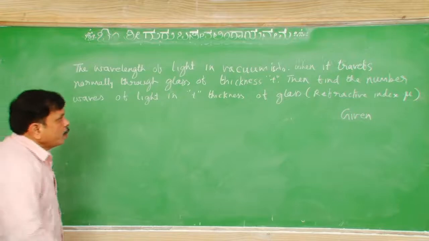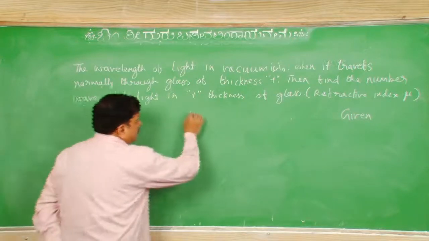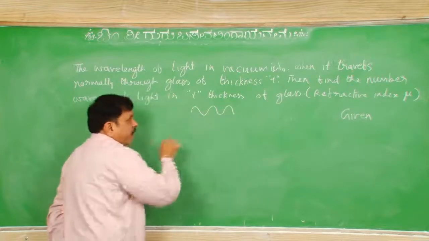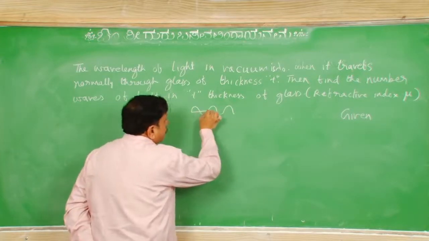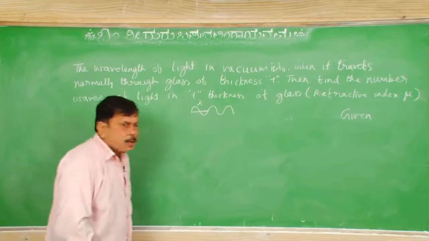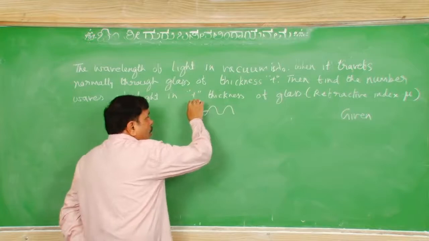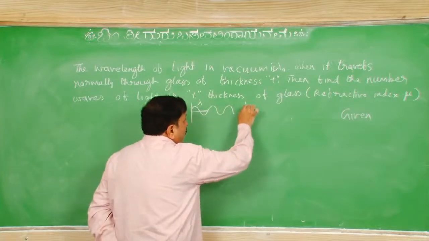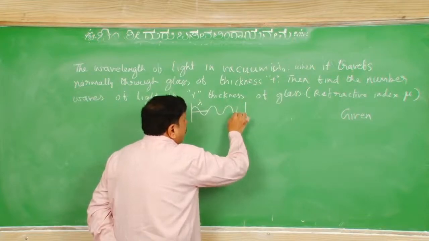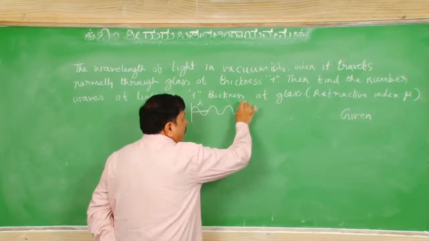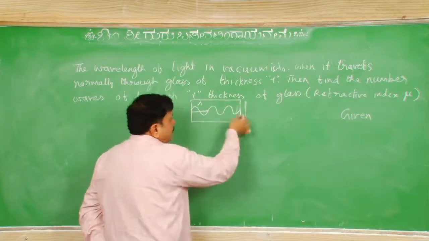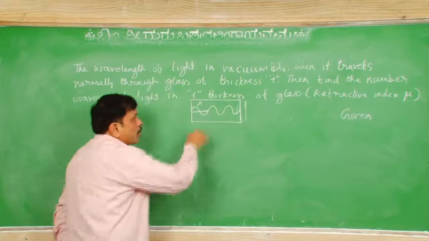Now we know that, suppose we have a wave. This distance we call the wavelength lambda. Now assume a glass slab is present.